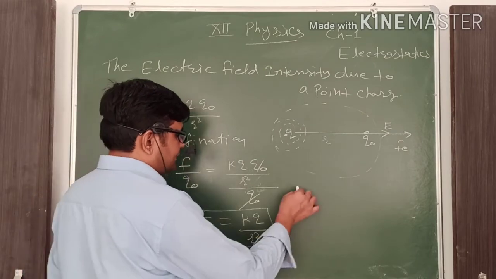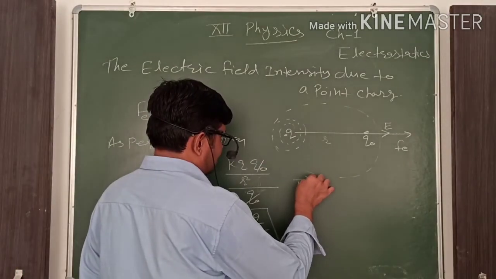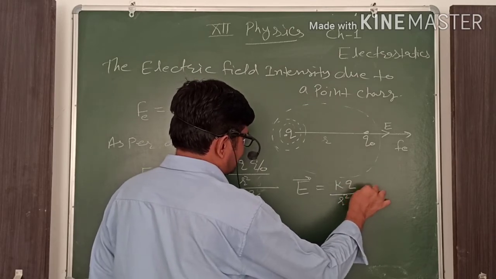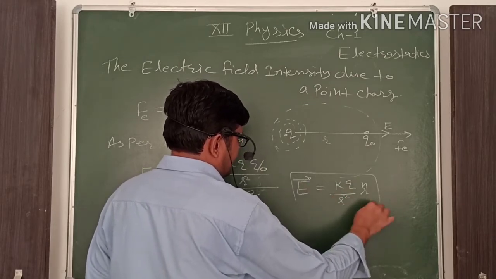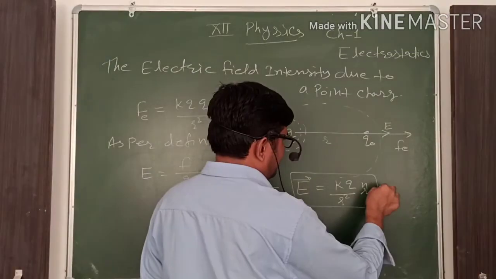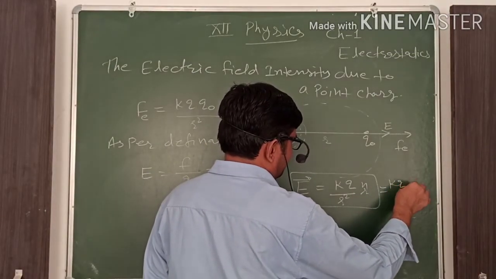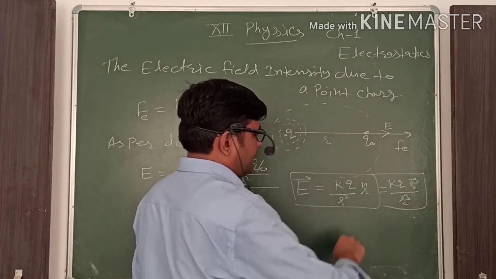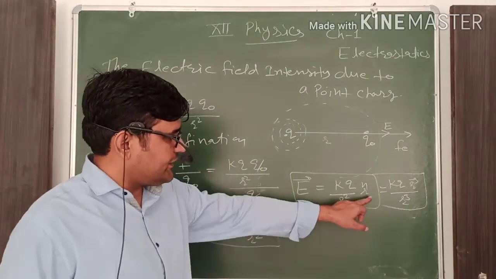Here, if we consider the vector formulation of this electric field, it is KQ upon R square R cap. It is also represented as KQ R vector upon R cube. Don't be bothered about the R square and the R cube.